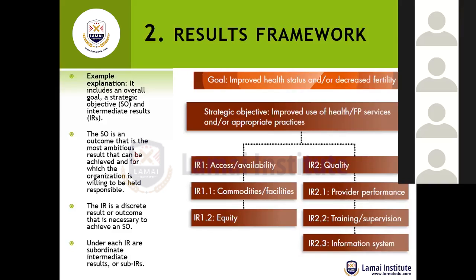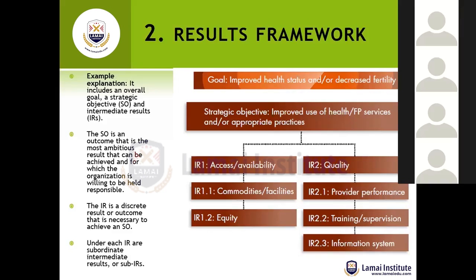The strategic objective is the most ambitious result that can be achieved and for which the organization is willing to be held responsible. Thereafter, we have the intermediate result, which is the discrete result or outcome that is necessary to achieve a strategic objective.